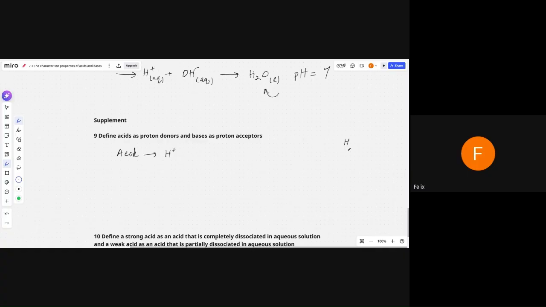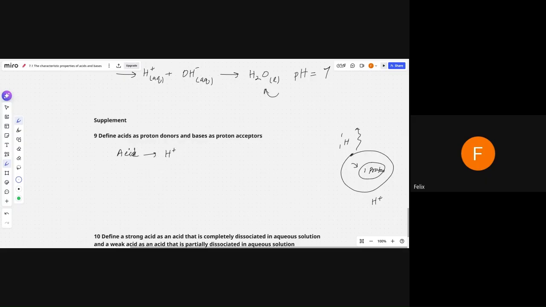Because in hydrogen, we have just one proton in its nucleus, and we have one electron in its outer shell, because its atomic number is 1, and atomic mass is also 1. So when this electron is removed from a hydrogen atom, all we are left with is a proton. So H plus is just a proton. That is why the H positive cation is called a proton.